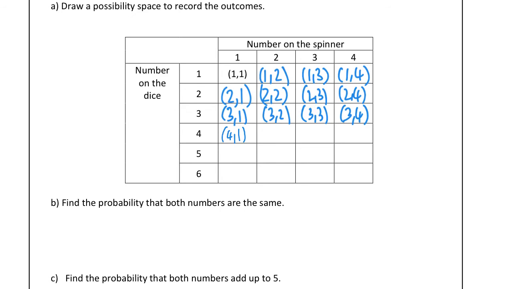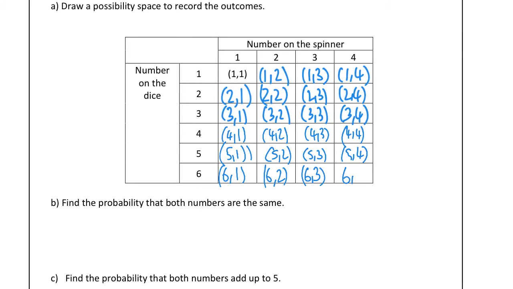Or a 4 and a 1, a 4 and a 2, a 4 and a 3, and a 4 and a 4. 5 and a 1, 5 and a 2, 5 and a 3, 5 and a 4. And finally you could have rolled a 6 and a 1, a 6 and a 2, 6 and a 3, or a 6 and a 4.